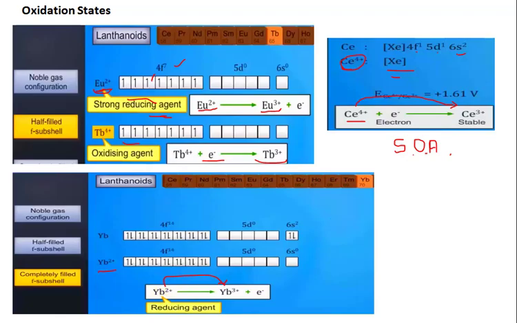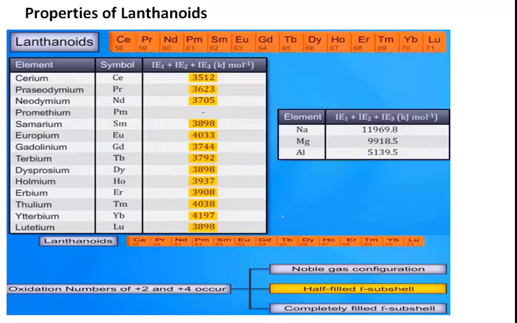Now the next property is their ionization enthalpies. In this figure, the first 3 ionization enthalpies are shown for lanthanoids, and it has been found that the sum of the first 3 ionization enthalpies of these elements is similar to that of aluminium.